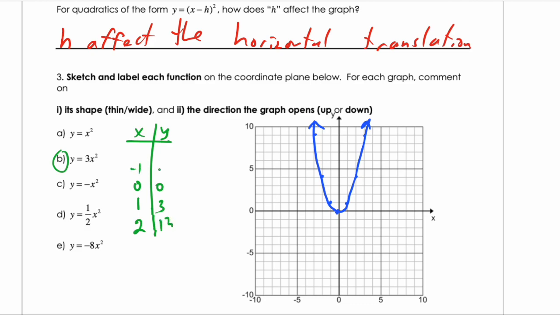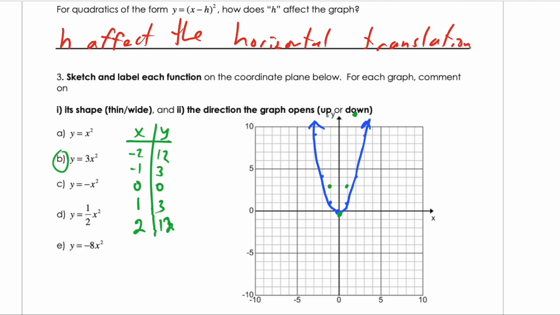And the same thing with the negatives here. Okay, so we have 0, 0. We're going to have 1, 3, negative 1, 3, and 2, 12.